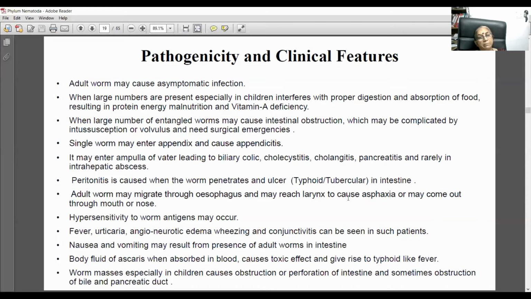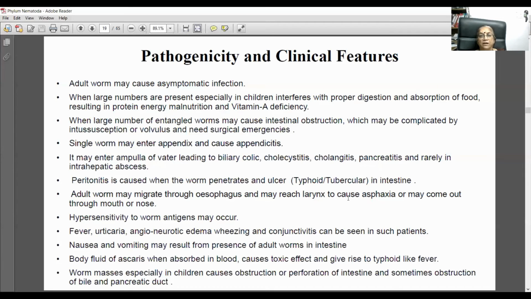This adult worm may migrate through the esophagus and may reach the larynx to cause asphyxia. So, I had told you earlier that once they reach from the lungs, they are reaching the systemic circulation. Then they are coming via the trachea. They come out, they are swallowed and reach the esophagus.